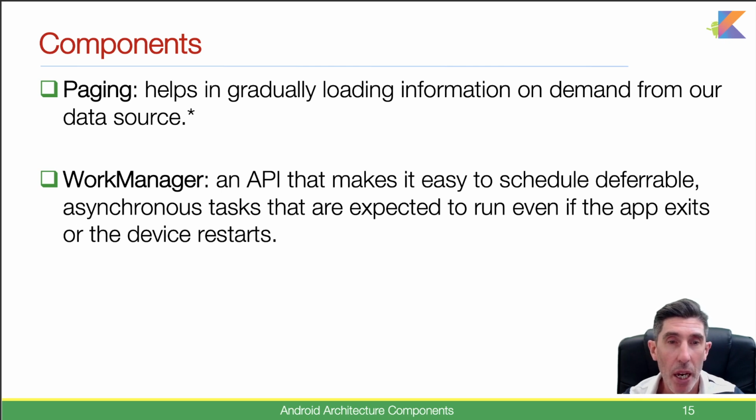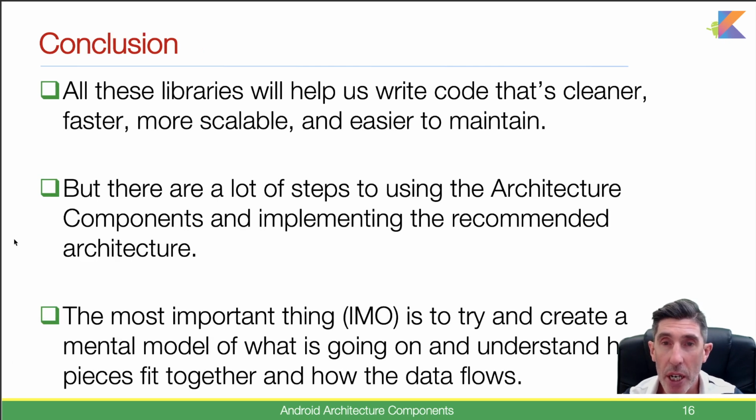Okay, so just to wrap it up there, quick conclusion: all these libraries will help us write code that's cleaner, faster, more scalable and easier to maintain. But there are a lot of steps to using these components and implementing the recommended architecture. So the most important thing is to try and create a mental model of what is going on and understand how the pieces fit together and how the data flows.